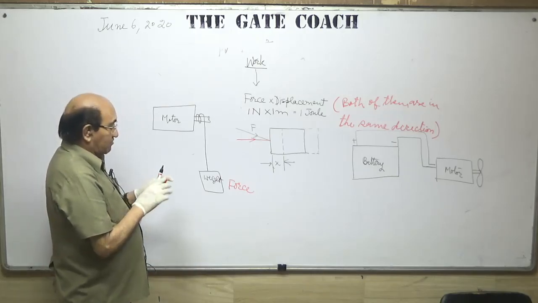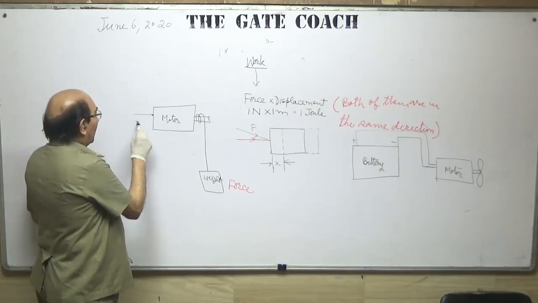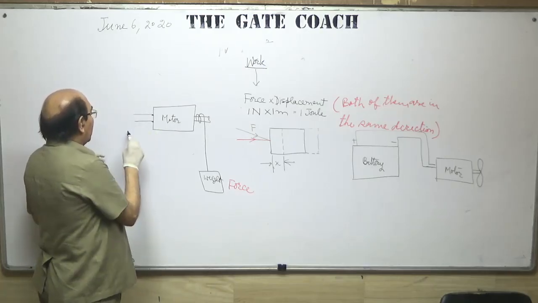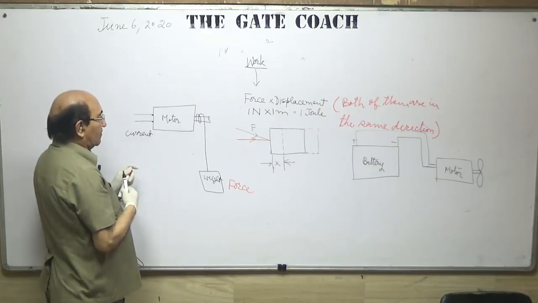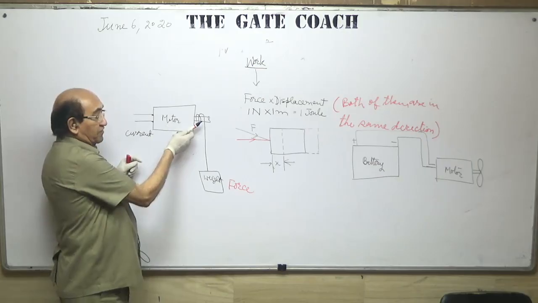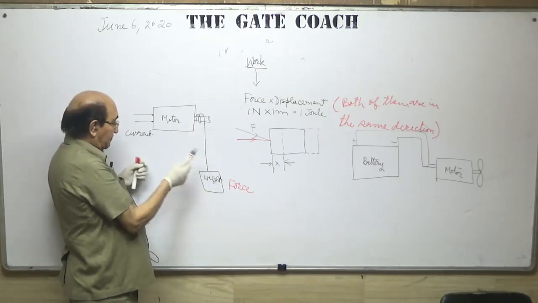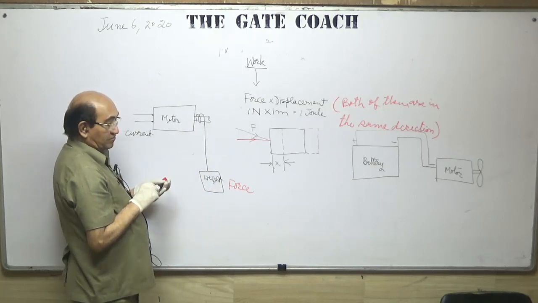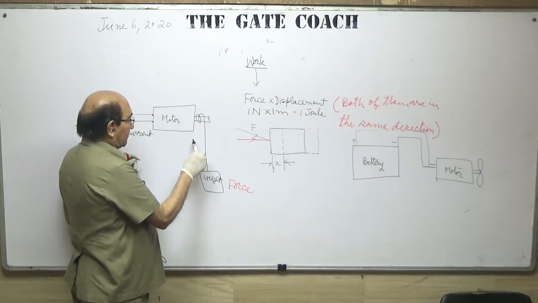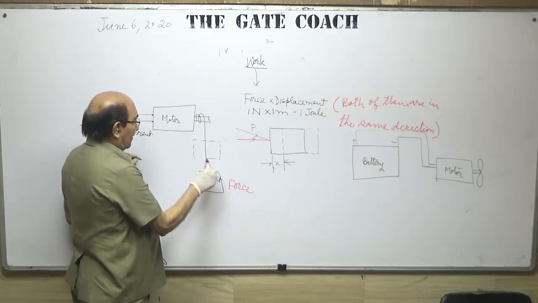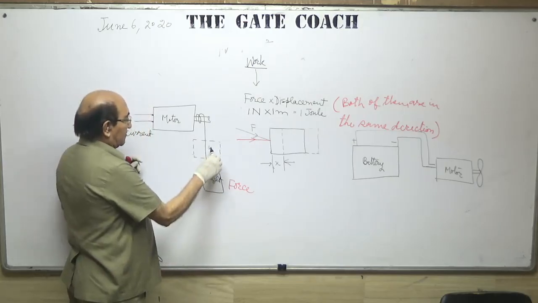Now the displacement. When you supply the current, the shaft moves, thereby the weight is lifted up. And say in a given interval of time, this is the position of the weight.